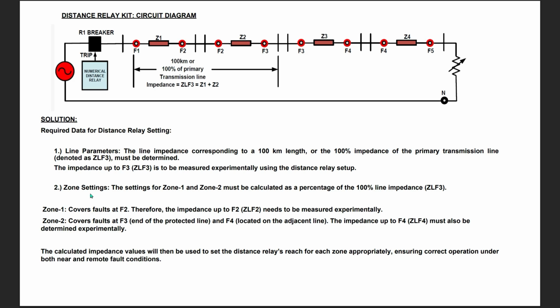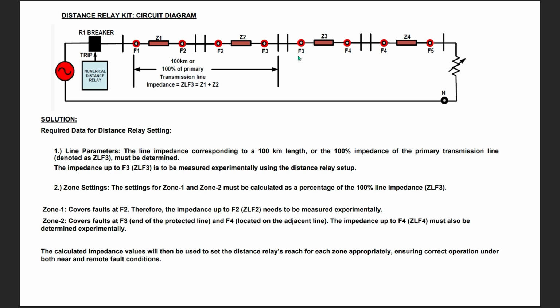Next are the zone settings, that is the settings for zone 1 and zone 2 must also be calculated, which is also taken as a percentage of this ZL F3. Further, for zone 1, as already explained, F2 is in zone 1. Therefore, we want to know the impedance up to F2, that is ZL F2, which is also to be measured experimentally.